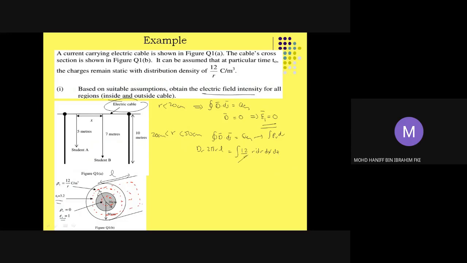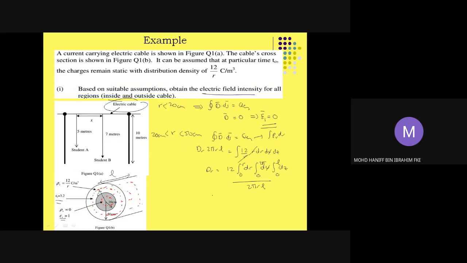So R can be cancelled out. We have D_r equals 12 times the integral of dr, the integral of dphi, and the integral of dz, divided by 2 pi R L, with r from 0 to R because that is our Gaussian surface, phi from 0 to 2 pi, and z from 0 to L.